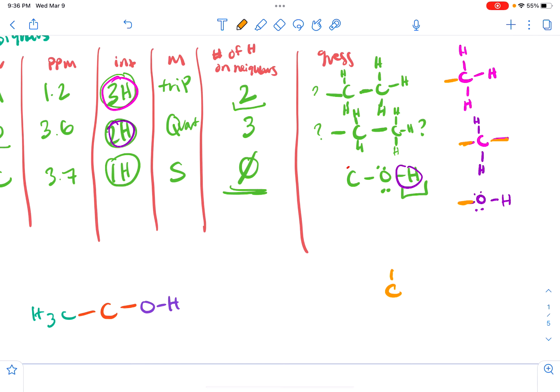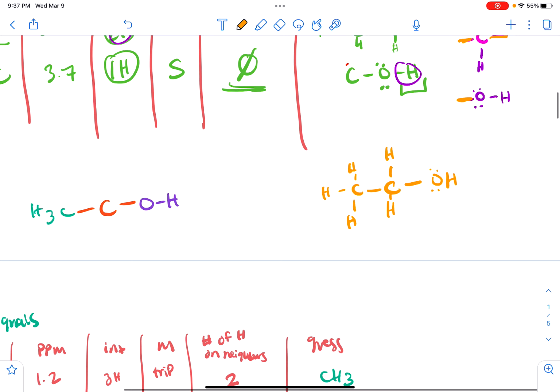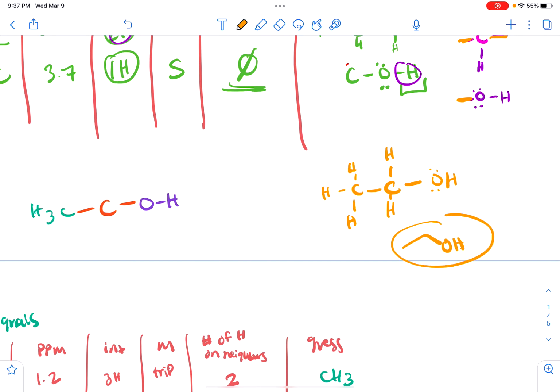So we're going to start with that middle one, that CH2, and because it has 2 ways to make bonds, we can put that group in the middle because we know that it can form 2 groups. And then we're going to put the oxygen, it really doesn't matter, on one side, and then the CH3 on the other side. According to this, this structure will look like an ethanol.